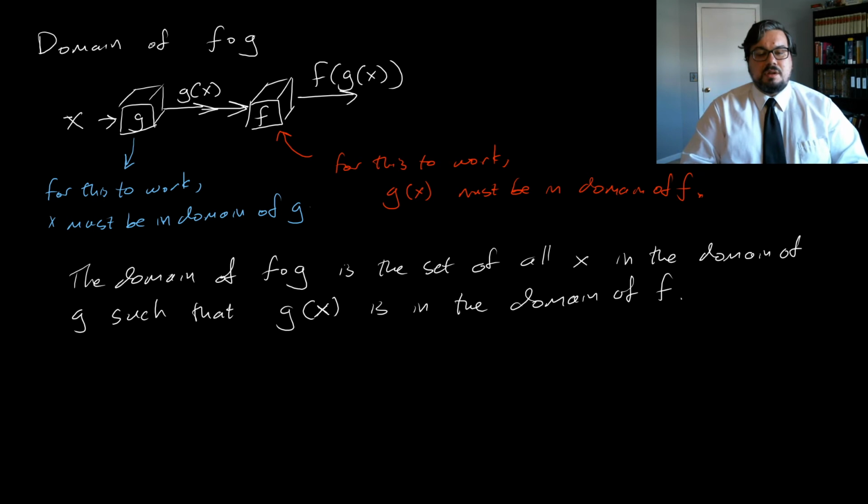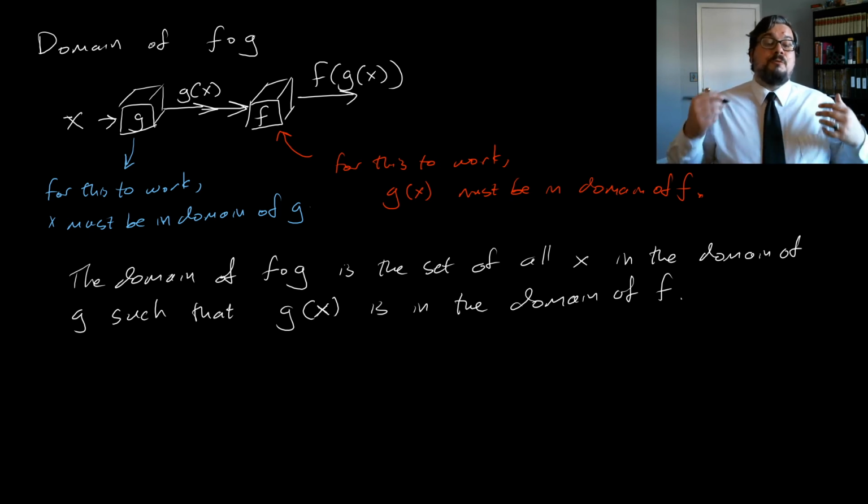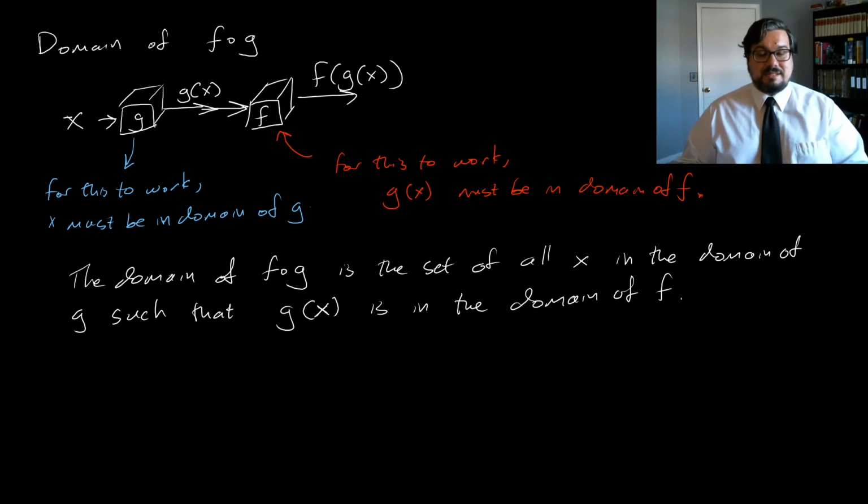So let's look at some examples and see how we can figure out the domain of the composition. Before we start, I should warn you that just like with adding, subtracting, multiplying, and dividing, it's not good enough just to figure out the formula for the composition and look at the domain of that. Very often, the composition's formula will appear to be defined at places that aren't actually in the domain of the composition because of some simplification that's happened.